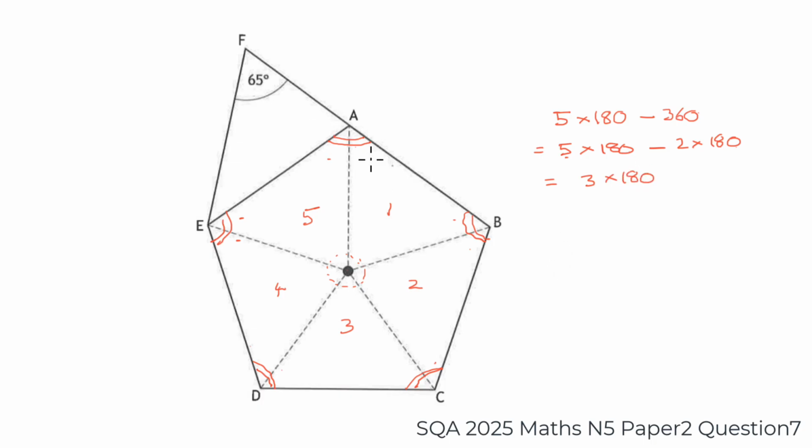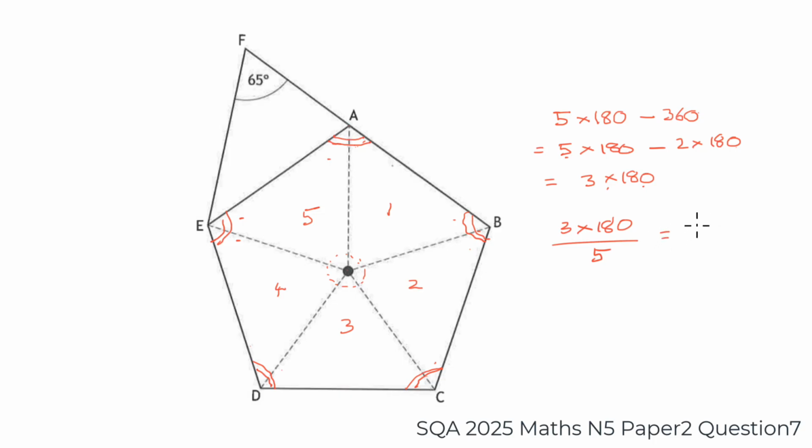Now you'll notice that that's the sum of all these 5 equal angles on the inside of that regular pentagon. And therefore, if we divide this by 5, or take a fifth of it, that will give us the size of this angle at vertex A.